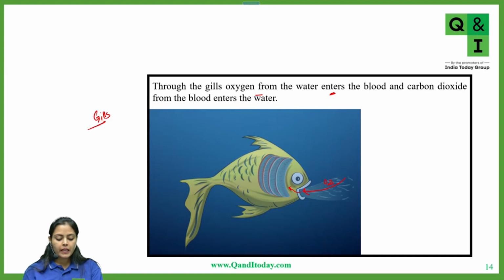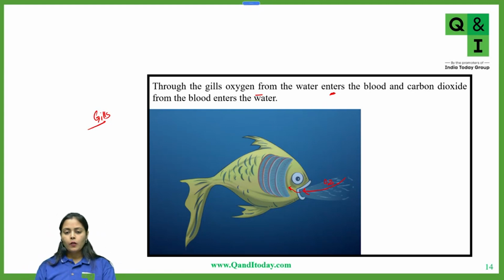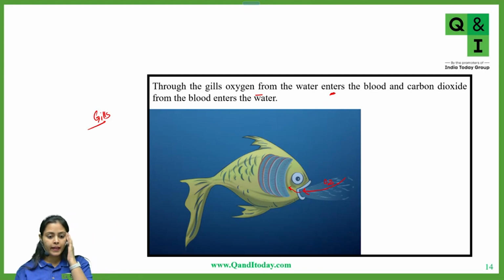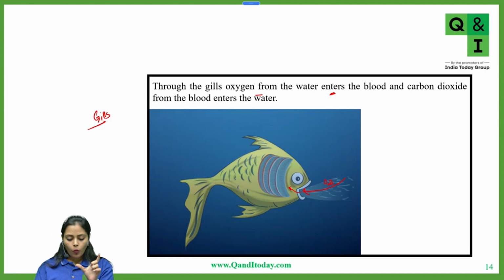Water has been spread over the gills, and it is being passed through them from the inside. From this water, the gills take up oxygen, and this oxygen enters the blood. In parallel, the blood that the fish's body has utilized will have a higher concentration of carbon dioxide.